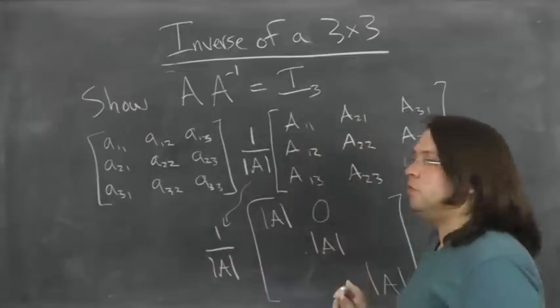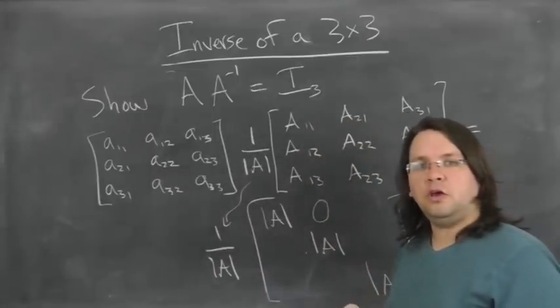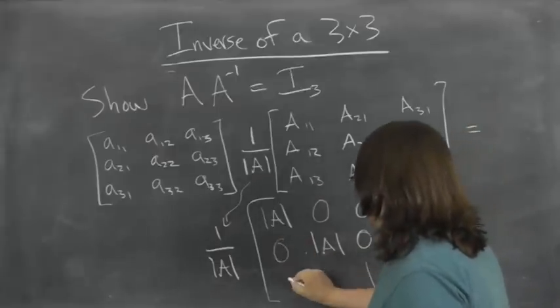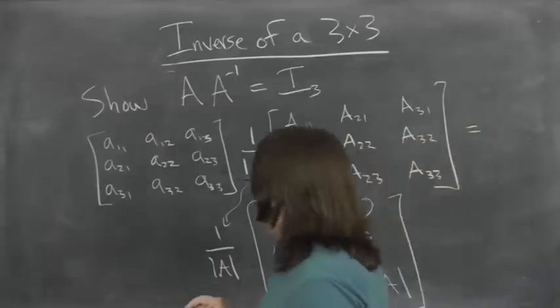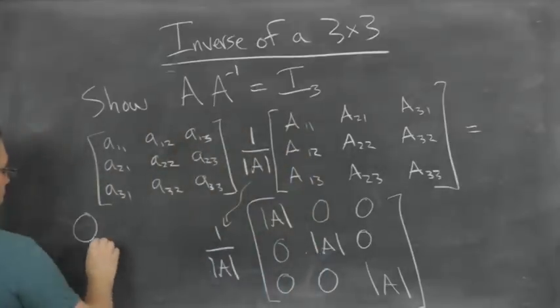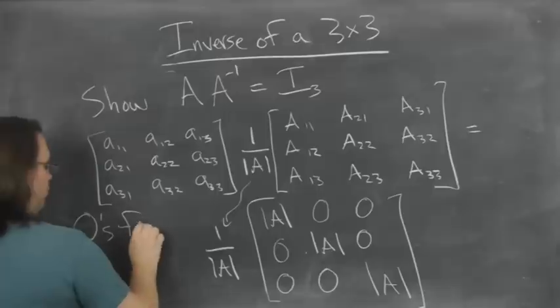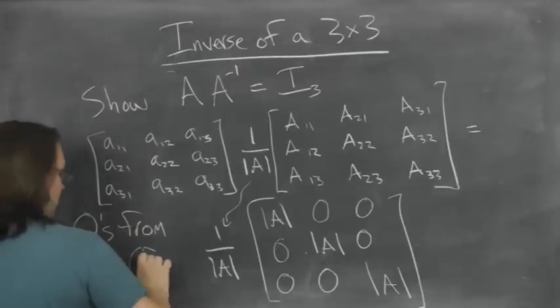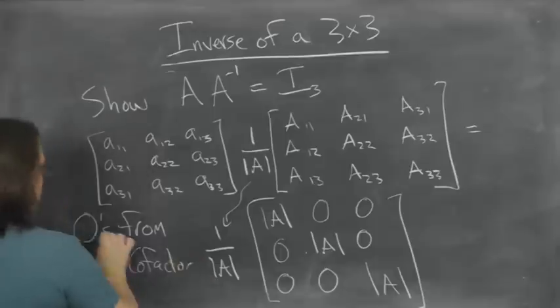So we get a 0 for this entry using the alien cofactor rule. And in fact, all the other entries will be 0. So zeros from the alien cofactor rule.